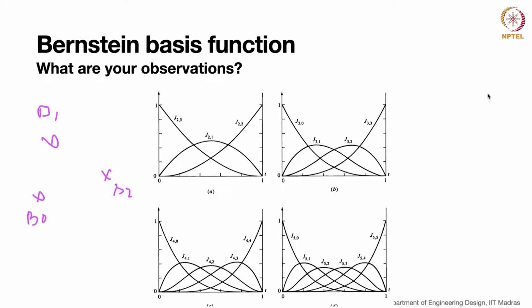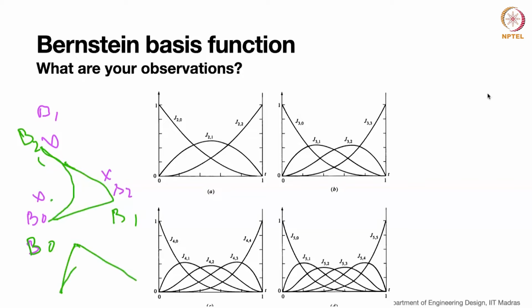Whereas if I name this as B0, this as B1, and this as B2, what is the implication? In the second case, this is the control polygon and the curve will be like this. In the first case, this is the control polygon and the curve will be like this. So the order in which you give the control points matters. That order you have to set, and the curve behavior will be according to the control polygon points that you give as input. And that is very important.